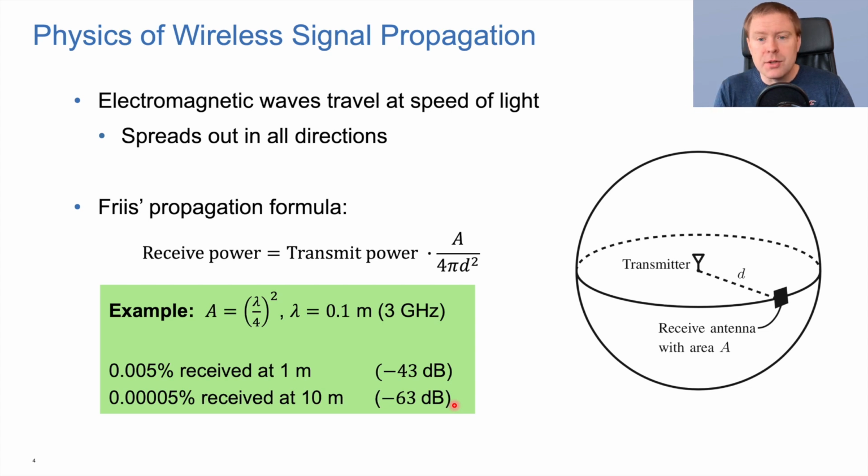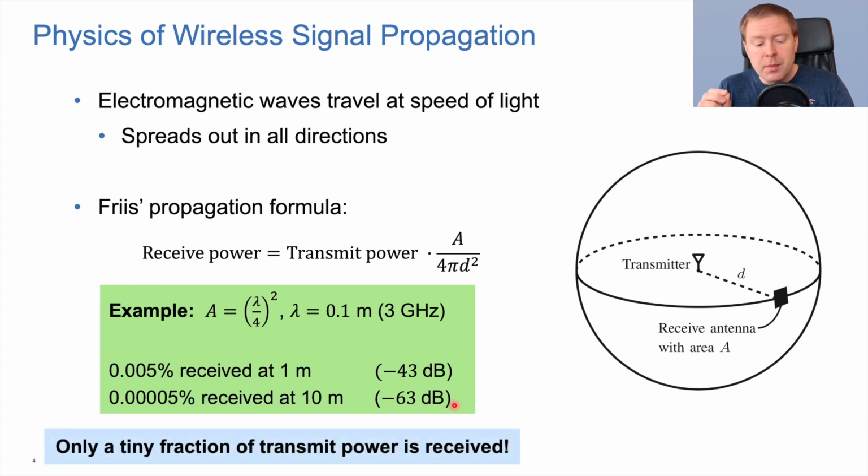So there are a lot of losses along the way, and this is typical in wireless communications. The reason that it works anyway is because we are comparing the received signal energy with the noise power. So that is what we're used to, but since it's only a tiny fraction of the transmit power that is received, tiny changes in how we are radiating our energy can also lead to large changes.